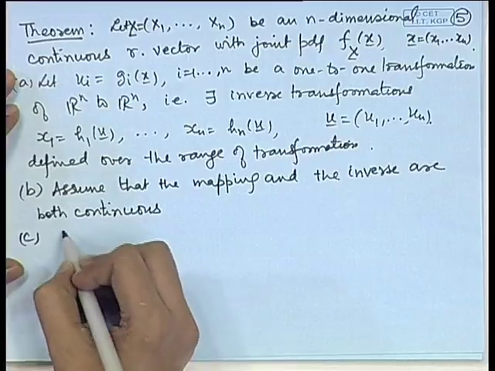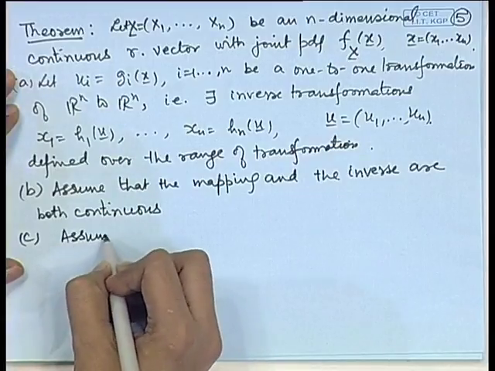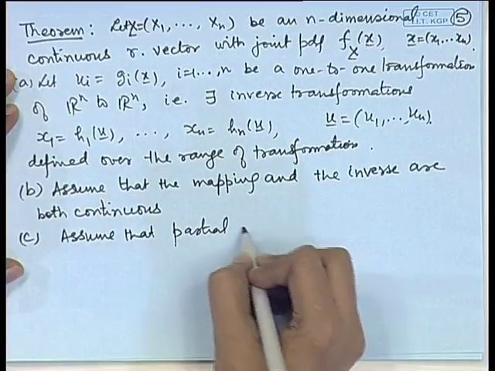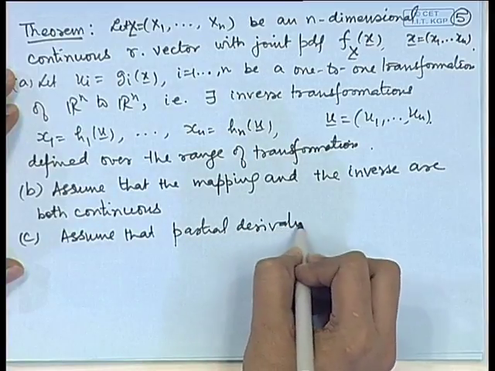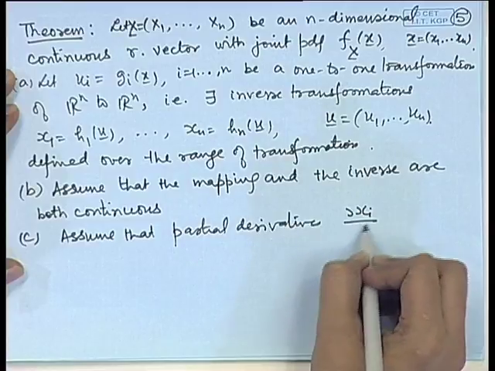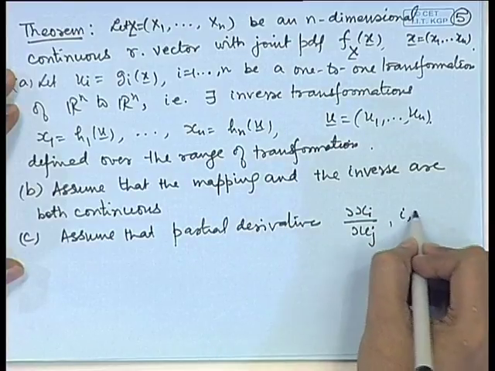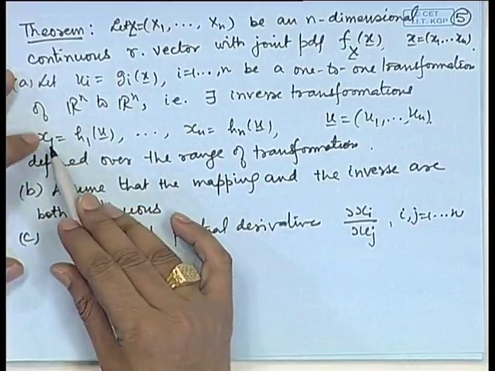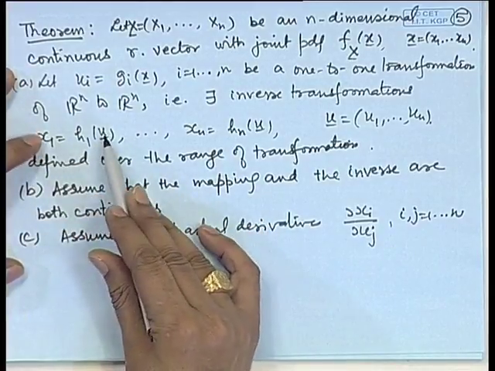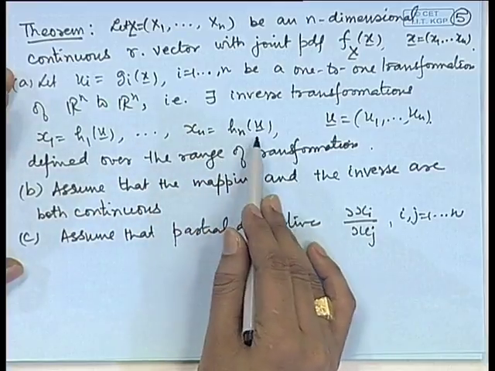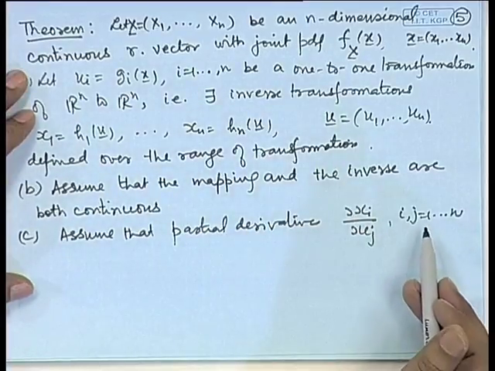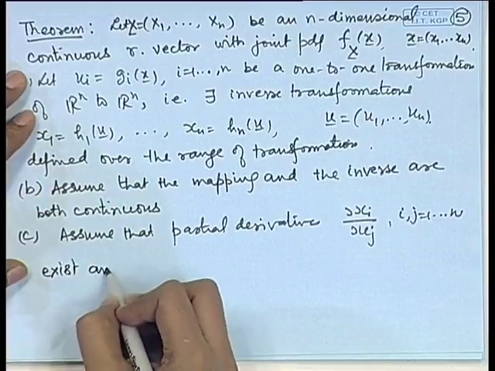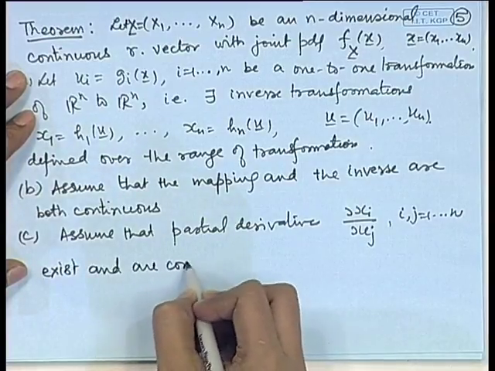Further, assume that the partial derivatives ∂xi/∂uj for i, j = 1 to n, that is, all partial derivatives ∂x1/∂u1, ∂x1/∂u2, ..., ∂xn/∂un, all the partial derivatives exist and are continuous.